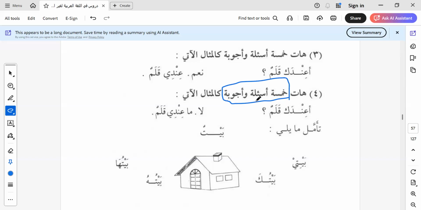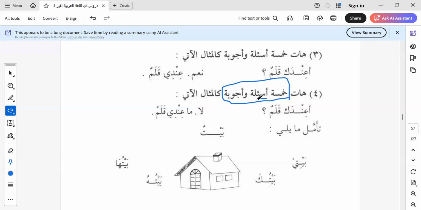If you remember the numbering system from 3 to 10, applying that principle, you read it. Hati khamsata what? Khamsata as'ilatin wa ajwibatin.